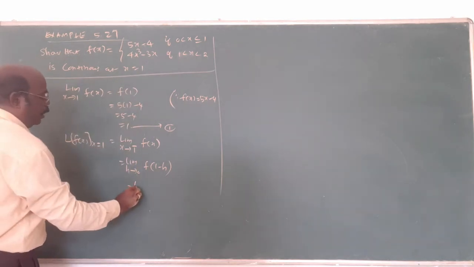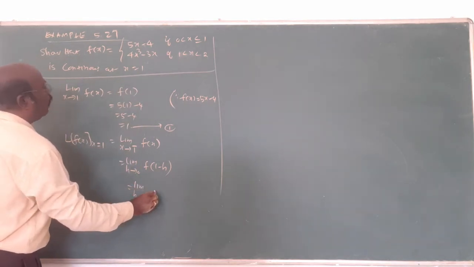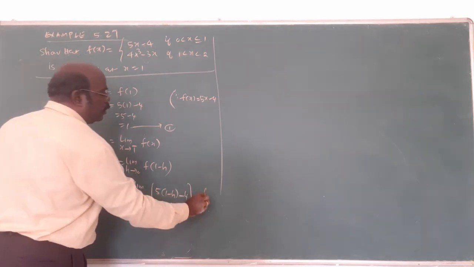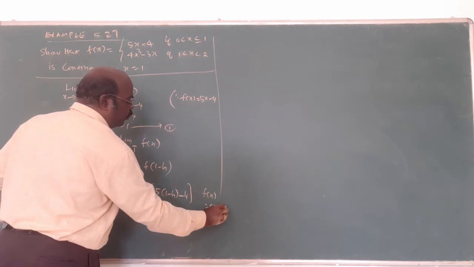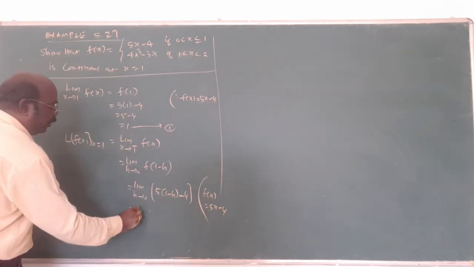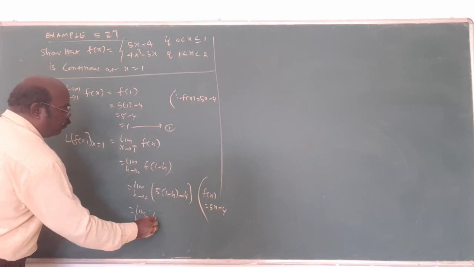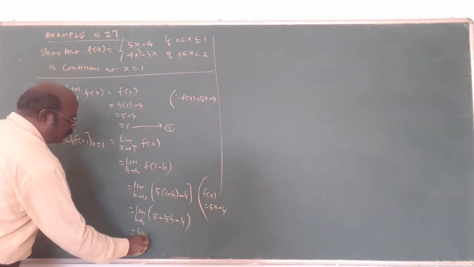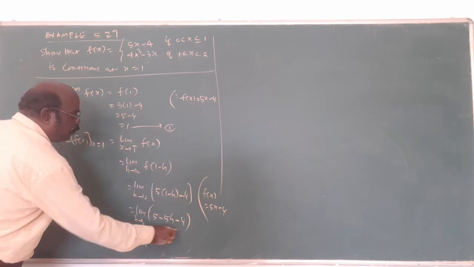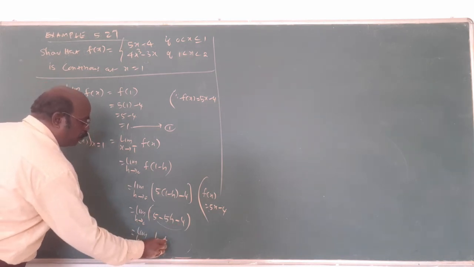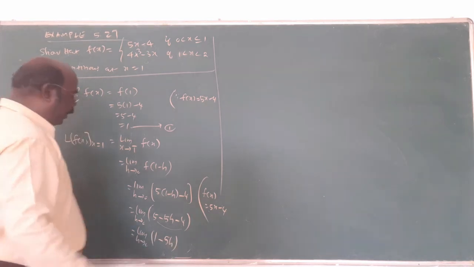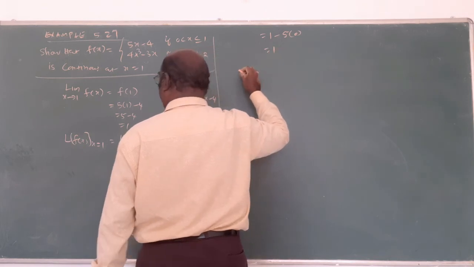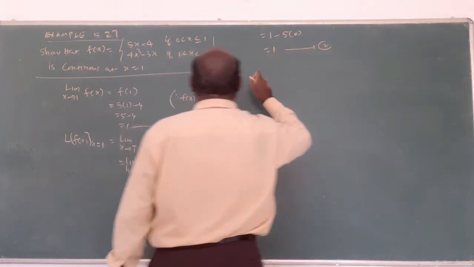Again, the limit as h tends to 0 of 5 into 1 minus h, minus 4, since f of x equal to 5x minus 4. So simplify, then apply the limit: 5 minus 5h minus 4, which is 1 minus 5h. Now apply the limit: 1 minus 5 into 0. Am I right? Only 1. This is the answer.